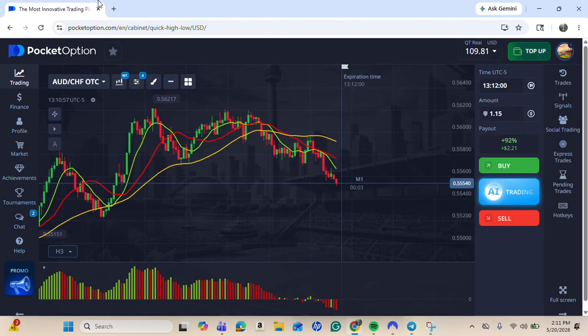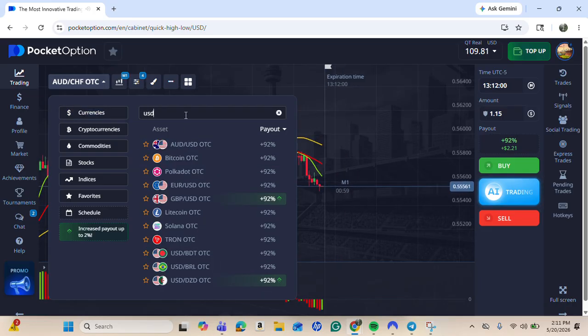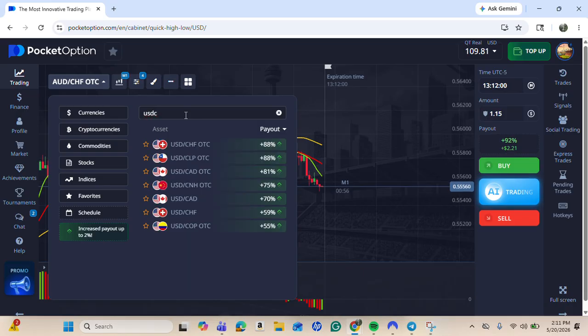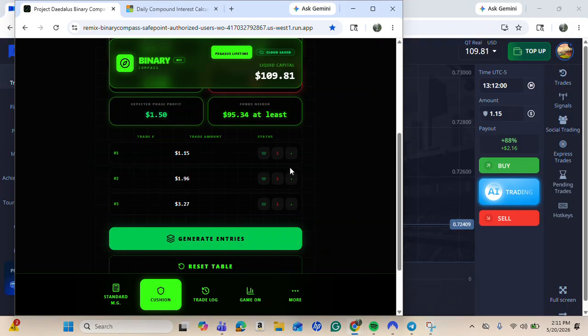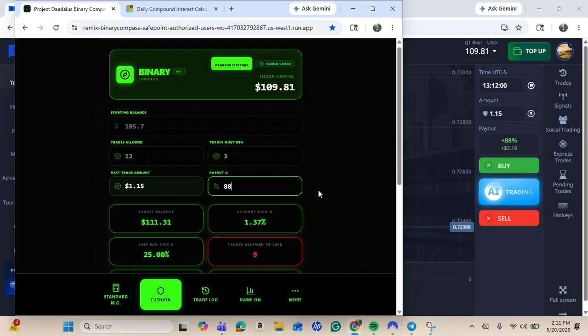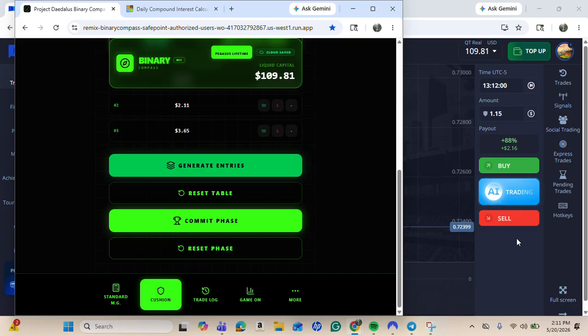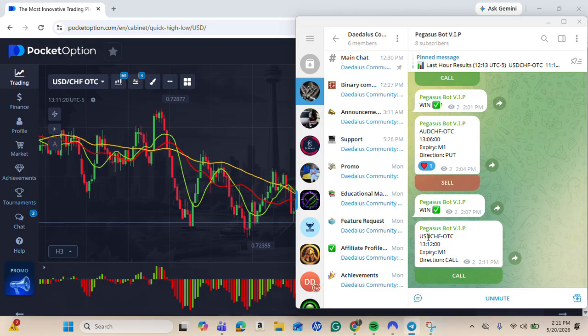USD CHF, see what I mean? Normally I have the signal on my phone. So this is 88%. Go change that on the thingy. Generate entries. USD CHF. I always double check this versus this to make sure I'm on the right pair.